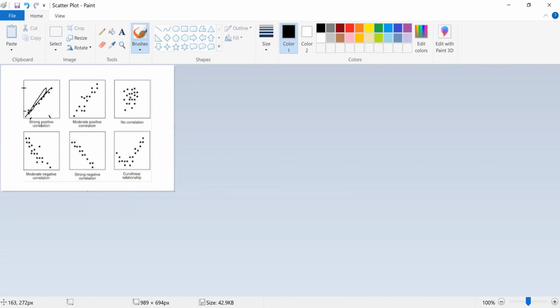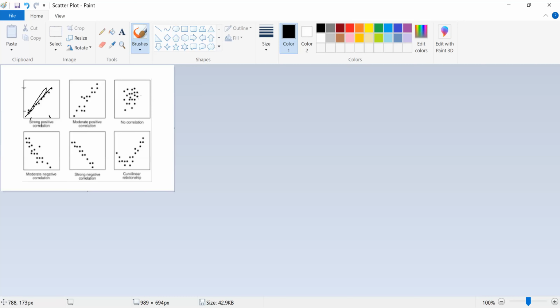So this is called a positive correlation, and we can say it's a direct relationship between the input and output variable, because it's a straight line going. This is also a positive correlation. It is going in a positive direction.